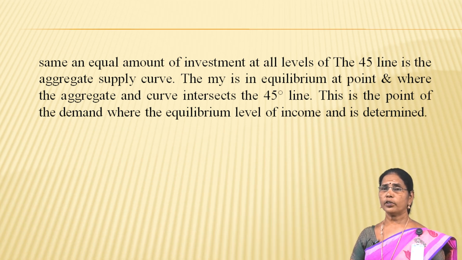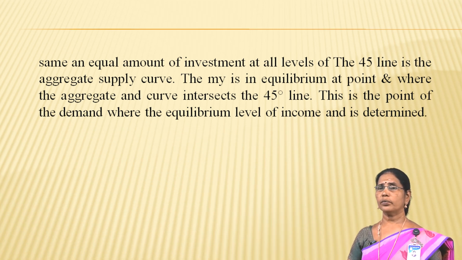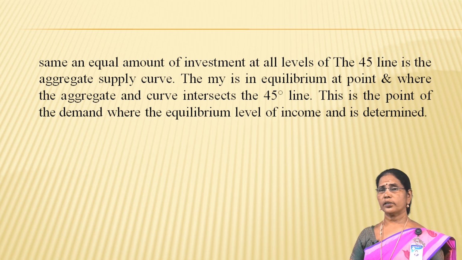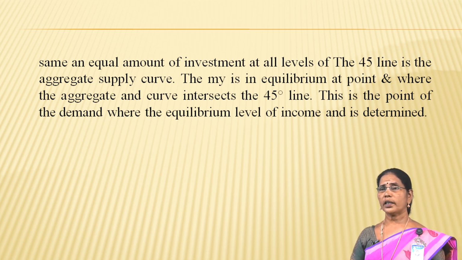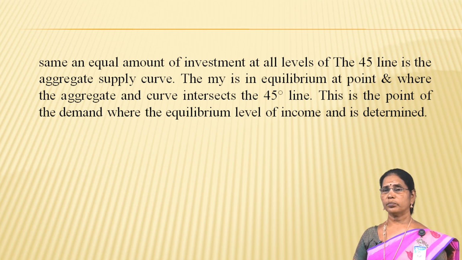Take an equal amount of investment at all levels of the 45-degree line, the aggregate supply curve. The equilibrium is at the point where the aggregate demand curve intersects the 45-degree line. This is the point of effective demand where the equilibrium level of income is determined. This equilibrium of investment is the level of underemployment and not of full employment.